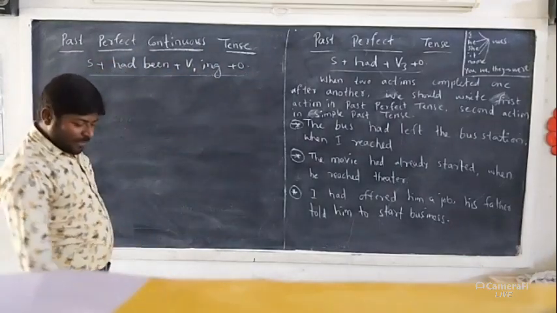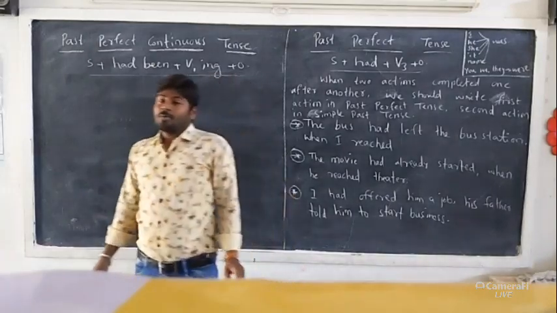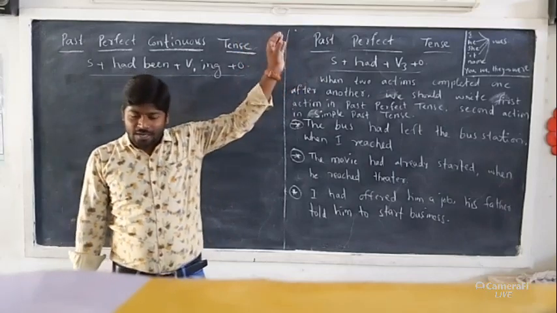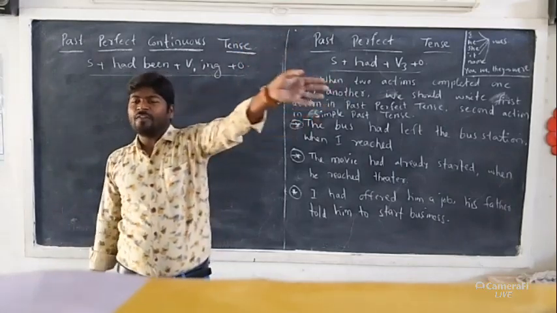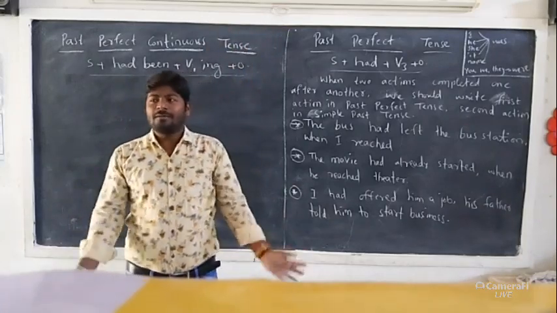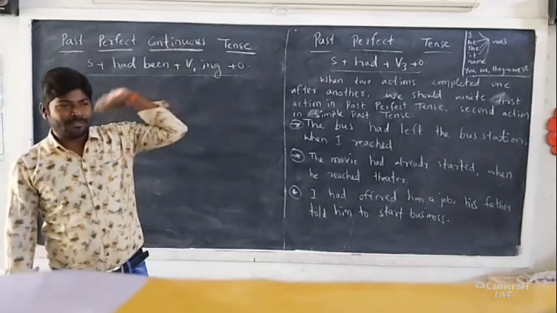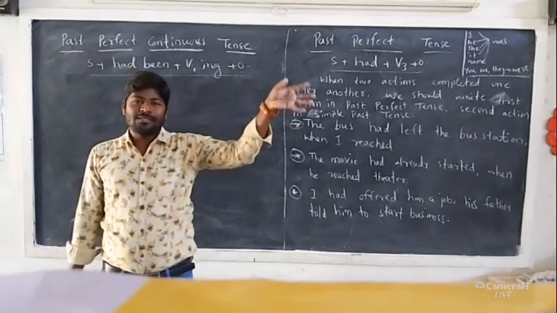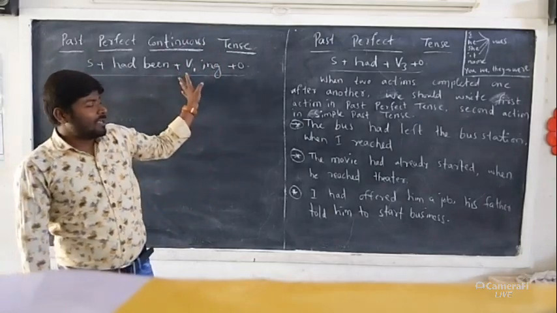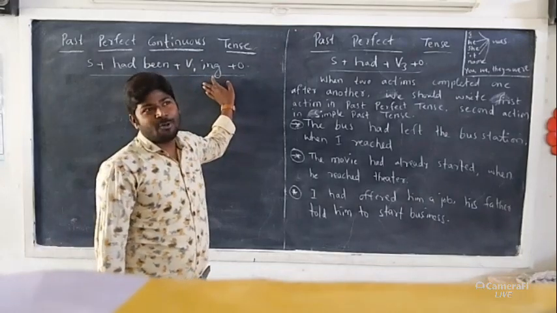We use past perfect continuous tense when an action started in the past, continued for a long time and completed in the past, to talk about long-term past activities. If I give an example, you can understand better.